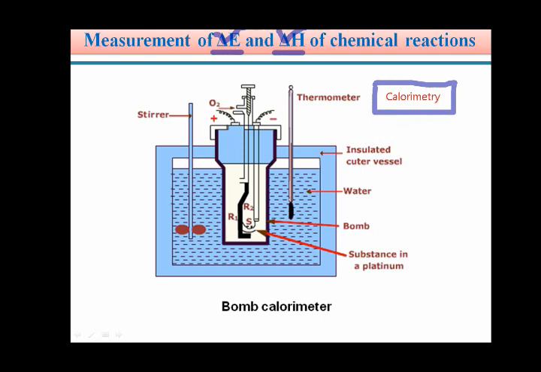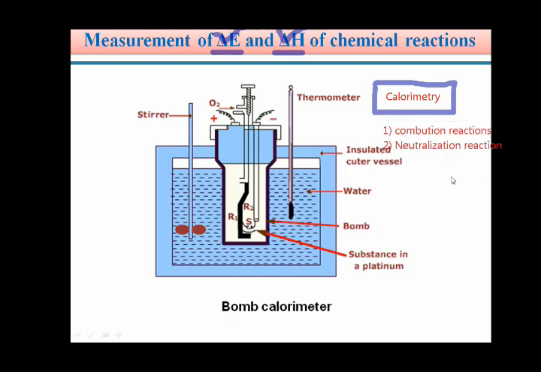Generally, calorimeters are of two types. One is for combustion reactions, and the second is for neutralization reactions, that is, the reaction between an acid and a base.